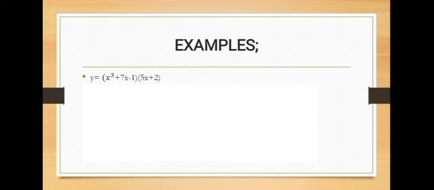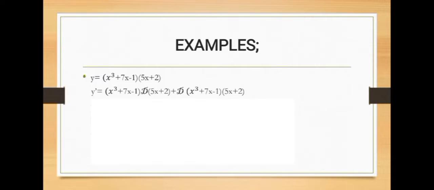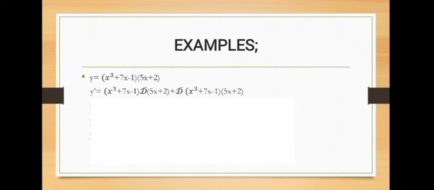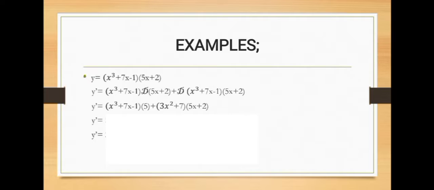In the product rule, to find the derivative, just copy the first term, x cubed plus 7x minus 1, then the derivative of the second term, plus the derivative of x cubed plus 7x minus 1, then copy the second term, which is 5x plus 2. So let's solve this.